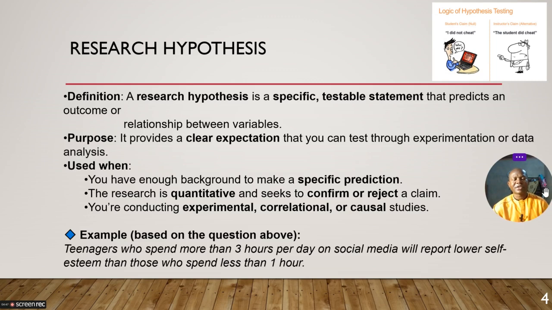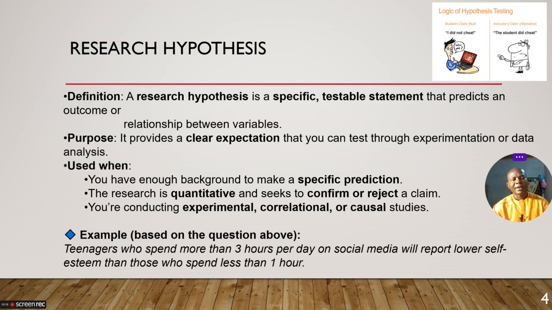So that is where hypothesis comes in. More often, research hypothesis is commonly used when we are at an advanced stage of a particular research, and we have some background understanding or knowledge about the concept we are actually researching. Usually in research hypothesis, we have the position of the researcher, what he wants to test at the end of the day.